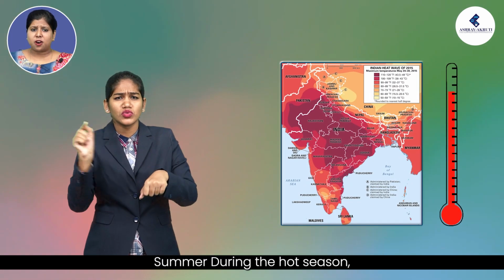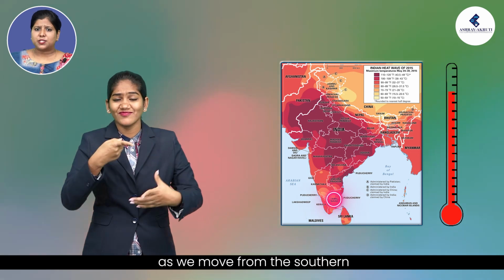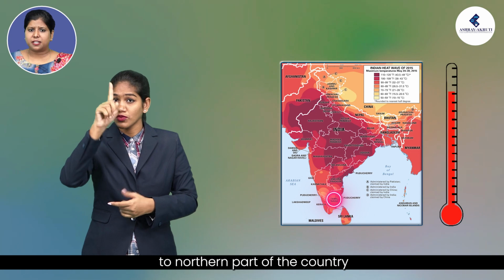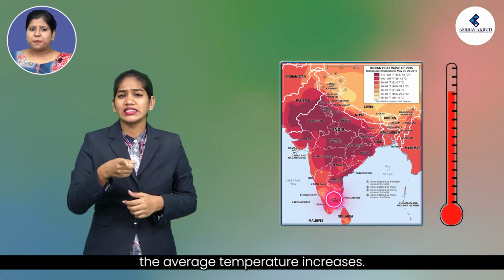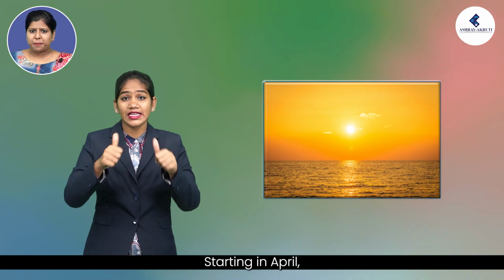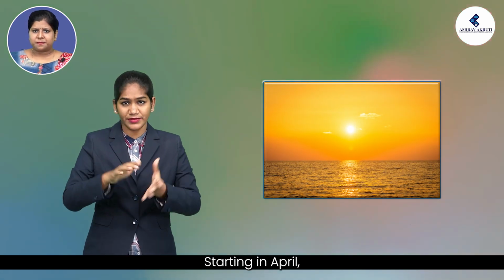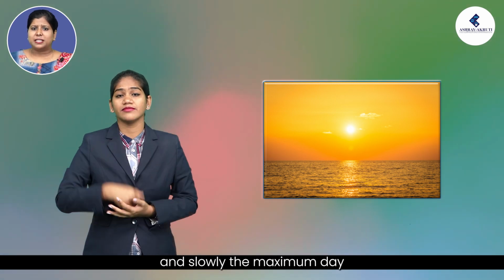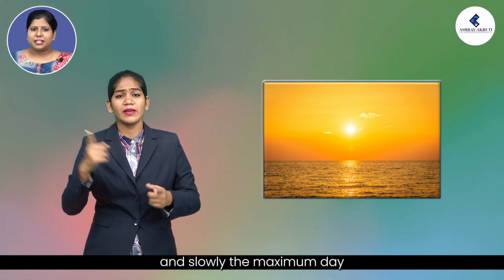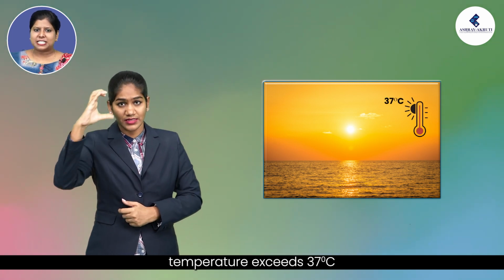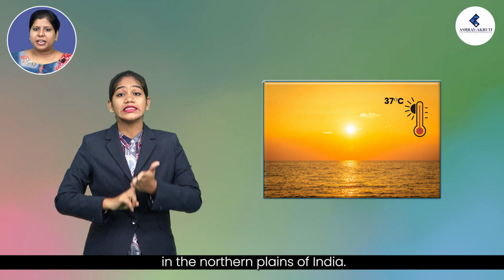Summer. During the hot season, as we move from the southern to the northern part of the country, the average temperature increases. Starting in April, the temperature rises and slowly the maximum day temperature exceeds 37 degrees Celsius in the northern plains of India.